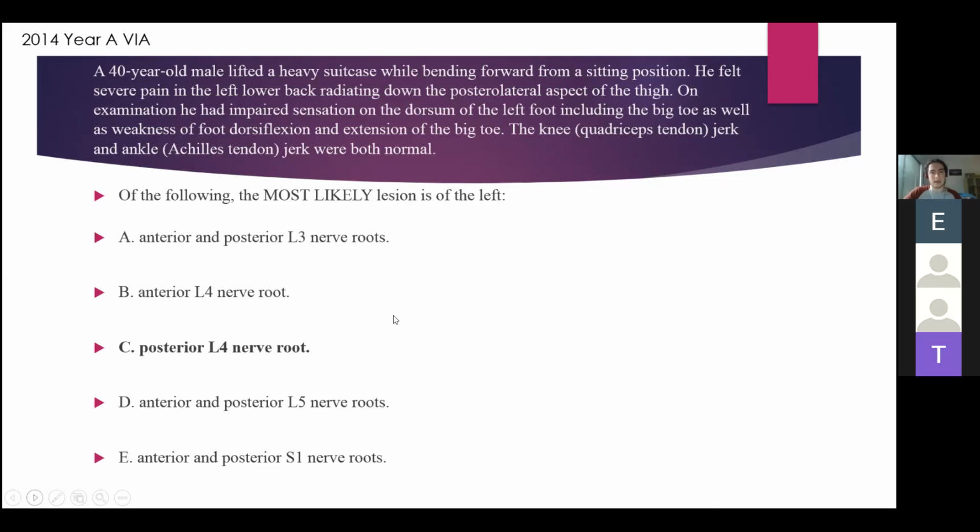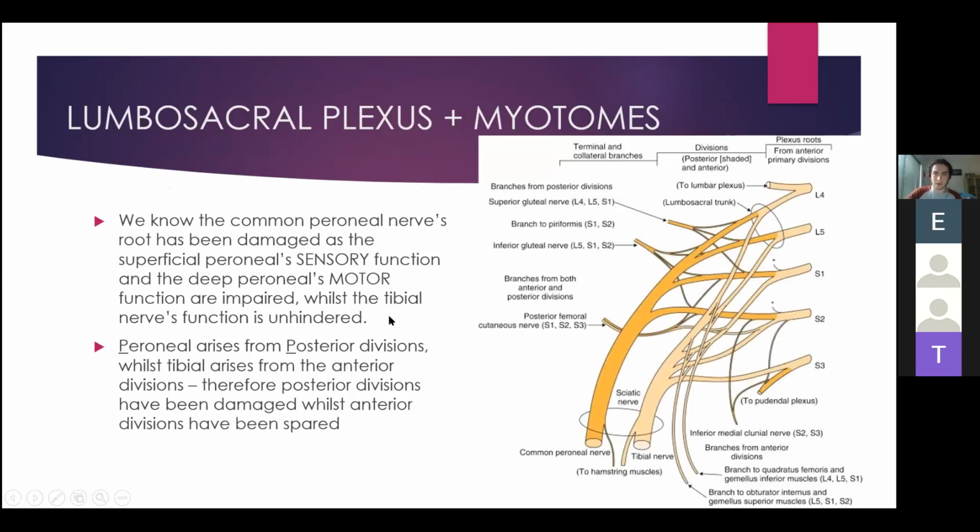So we know, therefore, that it's just the posterior division which has been damaged. And then here I've got a little mnemonic: peroneal and posterior both start with P. And then tibial and anterior don't start with the same letter. But you have to take what you can get with these mnemonics, I suppose.